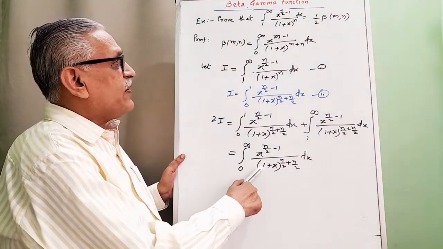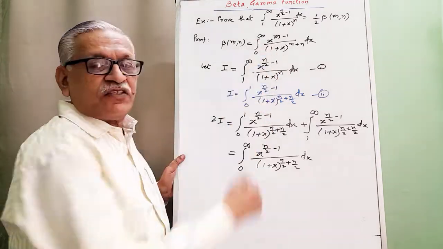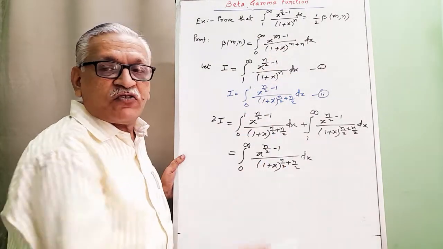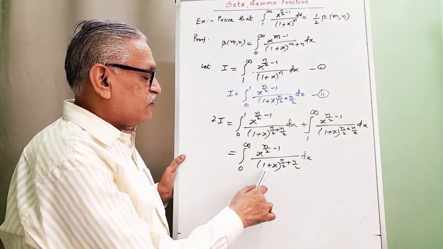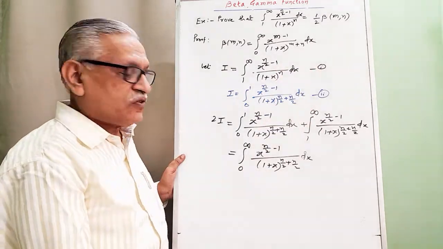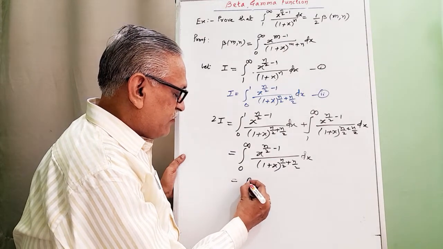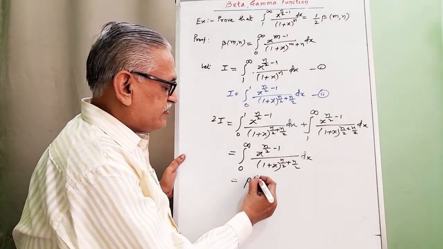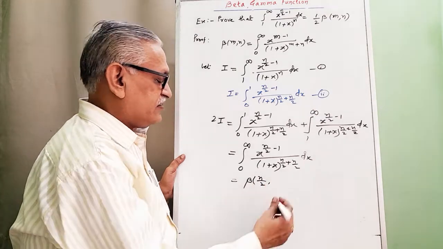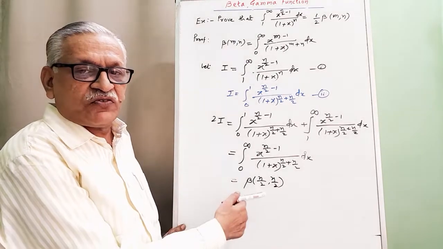Comparing this with the form from 0 to infinity of x^(m-1) divided by (1 + x)^(m+n), with x^(n/2 - 1) and (1 + x)^(n/2 + n/2), it is, as per definition, beta of (m, n), where m is n/2 and n is n/2. Therefore, 2I is equal to this.